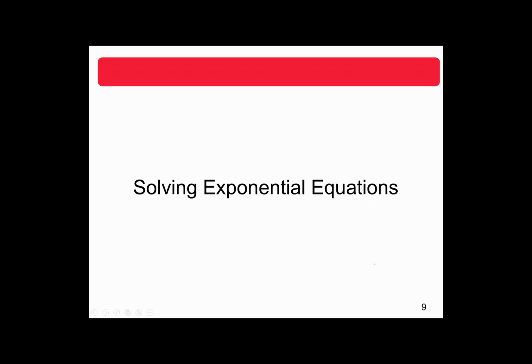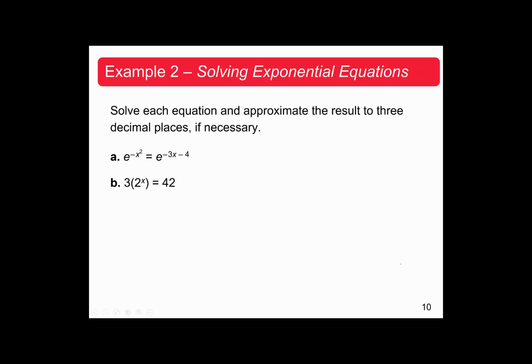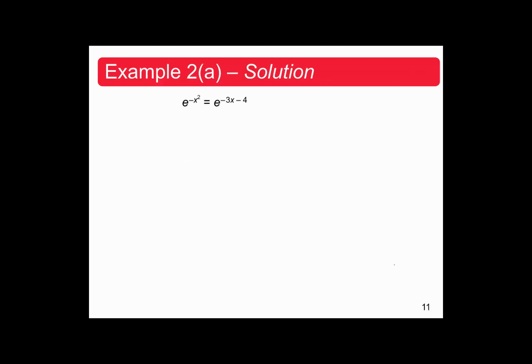So let's look at a more complicated exponential equation. For part A, e raised to negative x squared equal to e raised to negative 3x minus 4. If you look at the same base, which tells us the exponents must be the same. Now adding x squared to both sides of the equation, we end up with a quadratic equation.